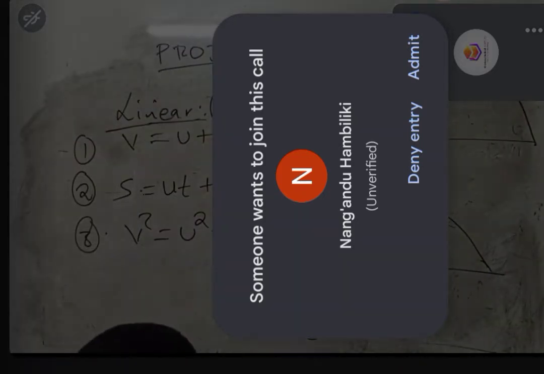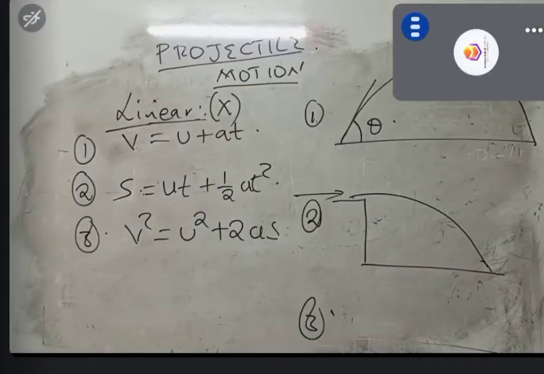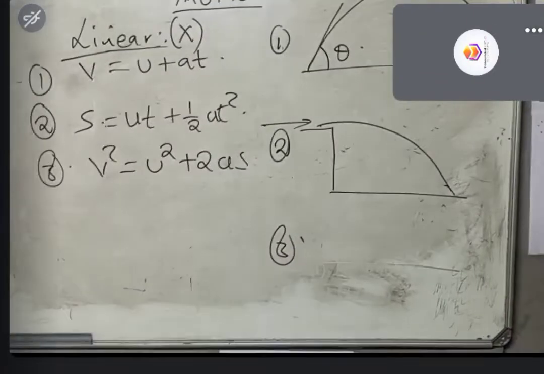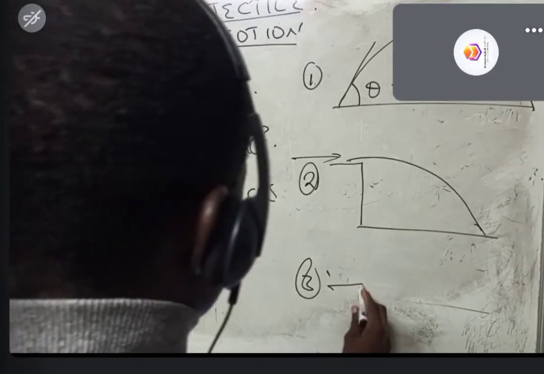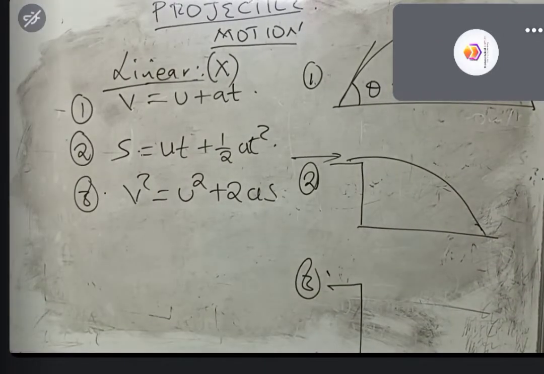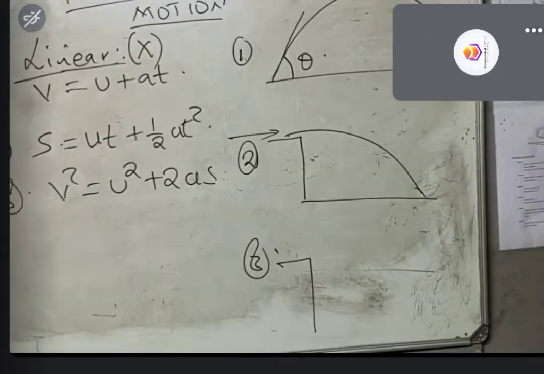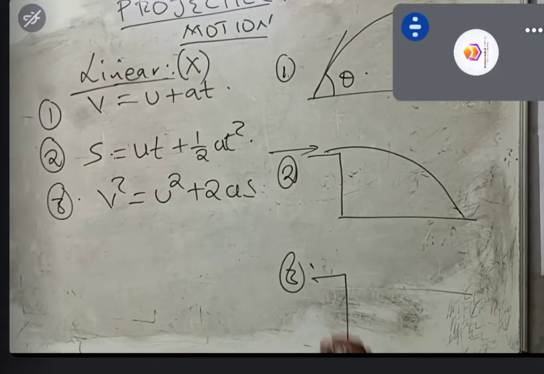That's case 2. Then the last case is what? You're at a cliff, then what happens? You're also at a cliff, but this time around it will go up.